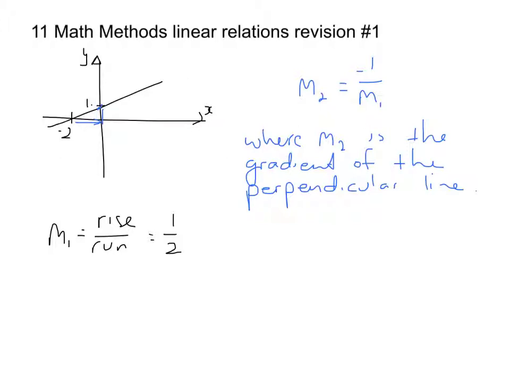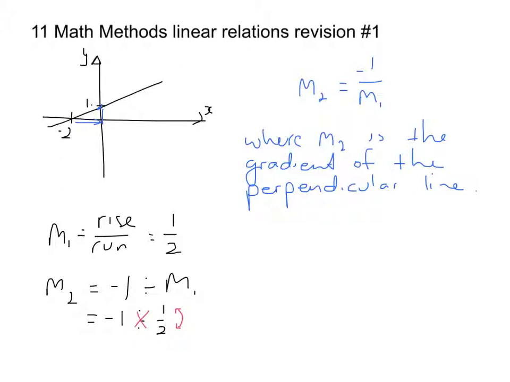Therefore, M2 equals -1 divided by M1, which equals -1 divided by 1/2. And if you remember, when we're dividing by a fraction, that we flip the second one upside down and we turn it into a times.